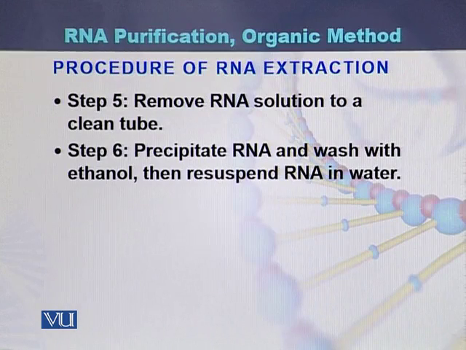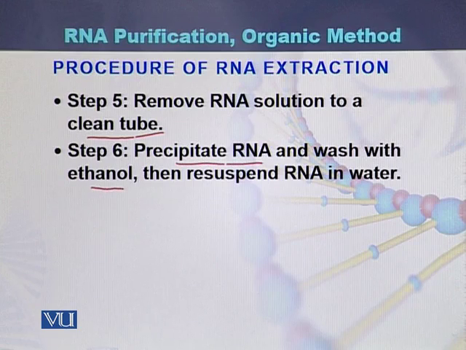At the next step, RNA, which is present in the aqueous upper phase, is removed to a clean tube. Then in the next step, precipitate the RNA and wash with ethanol.